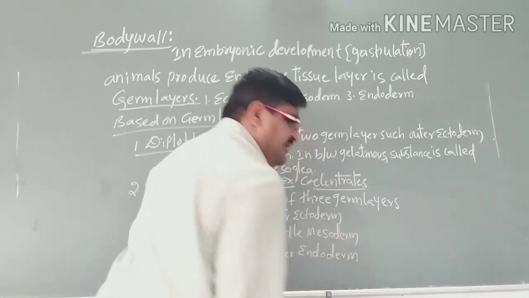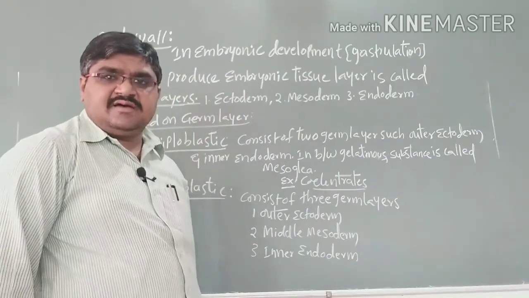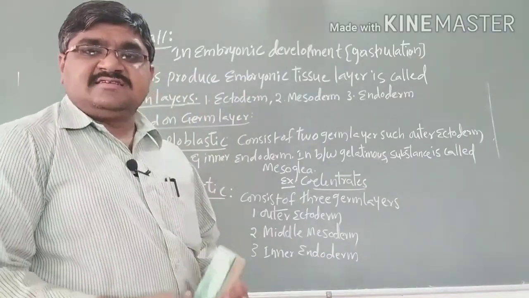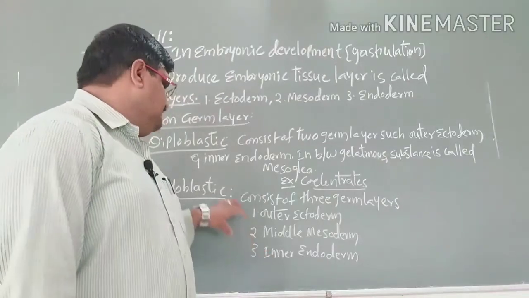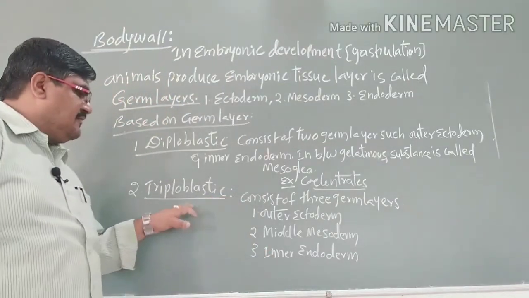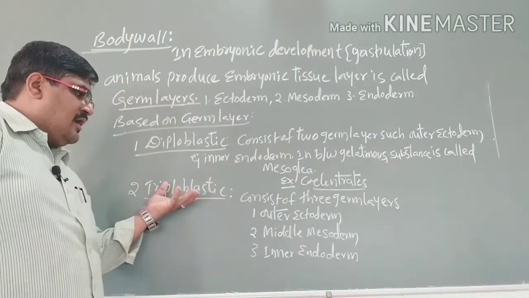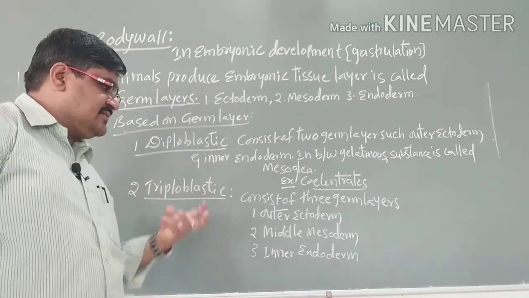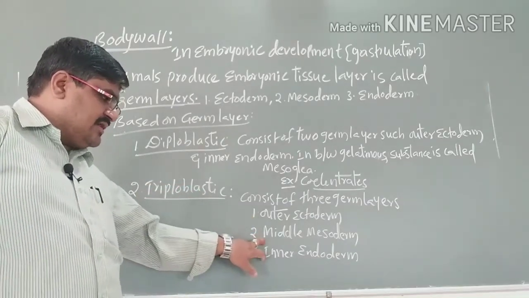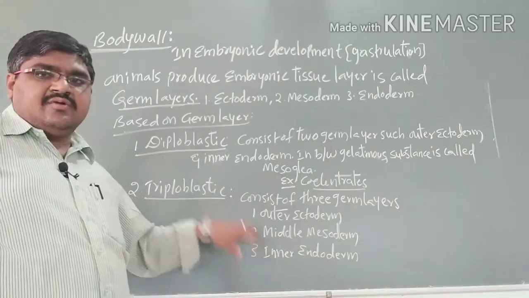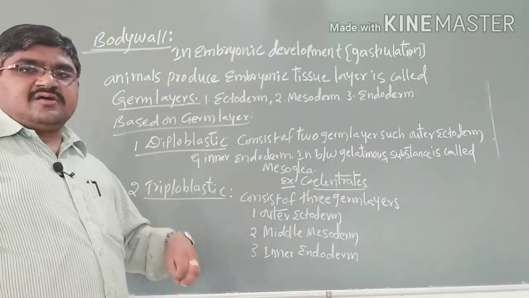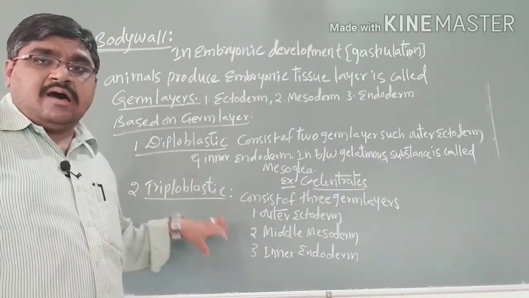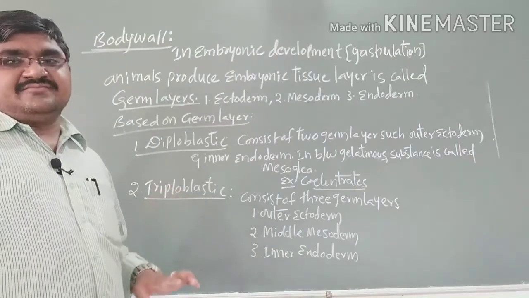If organisms have three germ layers, the outer ectoderm, middle mesoderm, and inner endoderm, then such organisms are called triploblastic organisms.